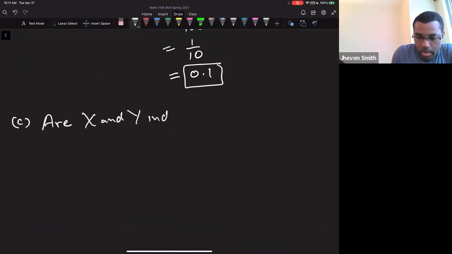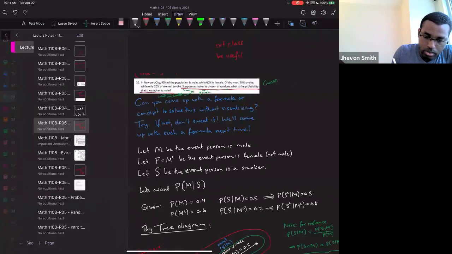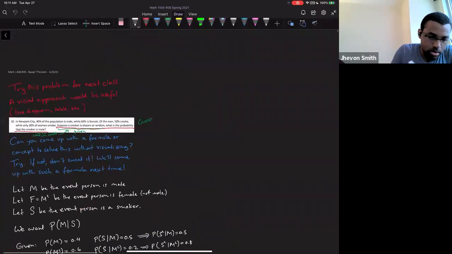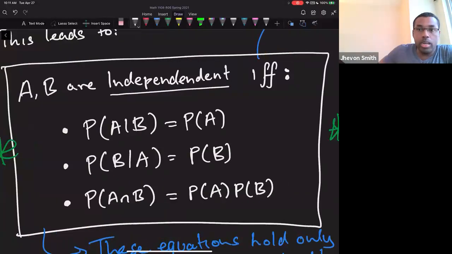Are X and Y independent is what this is asking. But we know, hopefully, what that means. Do we do it over here? No, did that before. Independent means one of these 3 equations. Well, it would mean all of these 3 equations hold, but you'd only need to verify one of them.